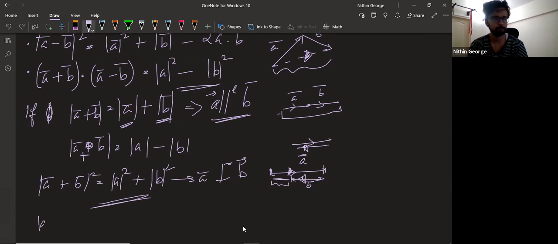All right. Suppose you get mod of A plus B equal to mod of A minus B. What can you say here?